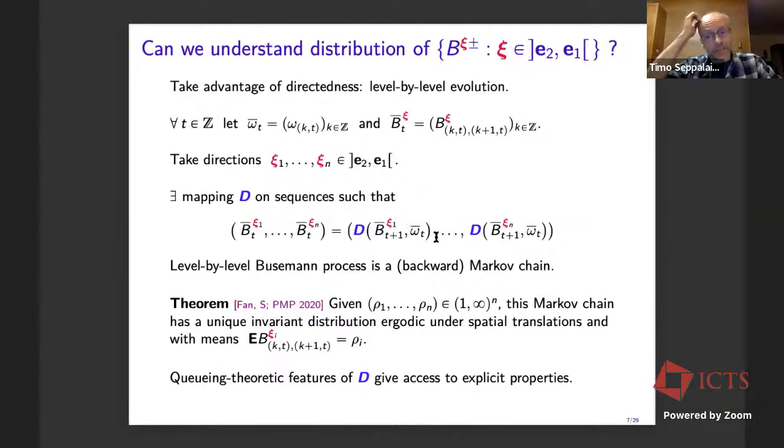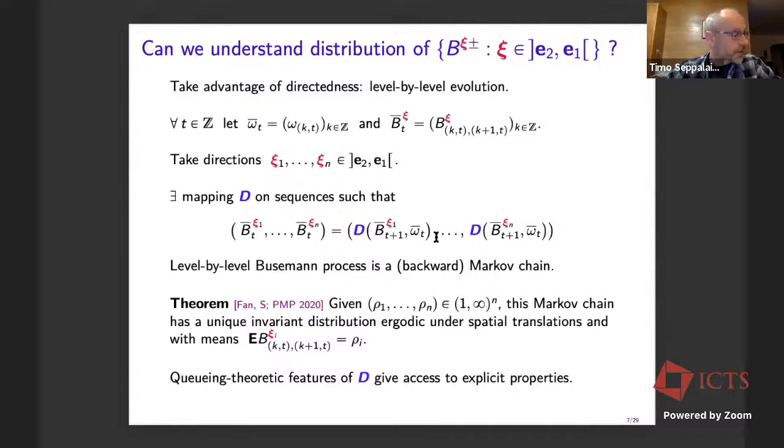And then the D mapping calculates a departure process from given arrivals and services. And since we're in the exponential world, we're in the M/M/1 queuing world where lots of things can be calculated explicitly. So that's how we start getting a handle on explicit properties of the Busemann process.